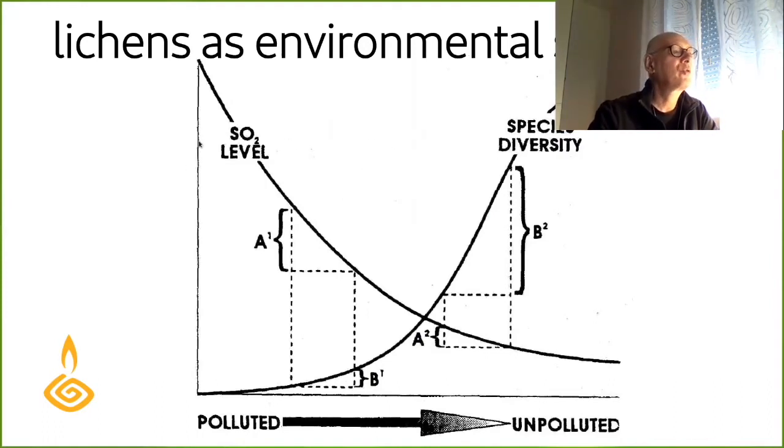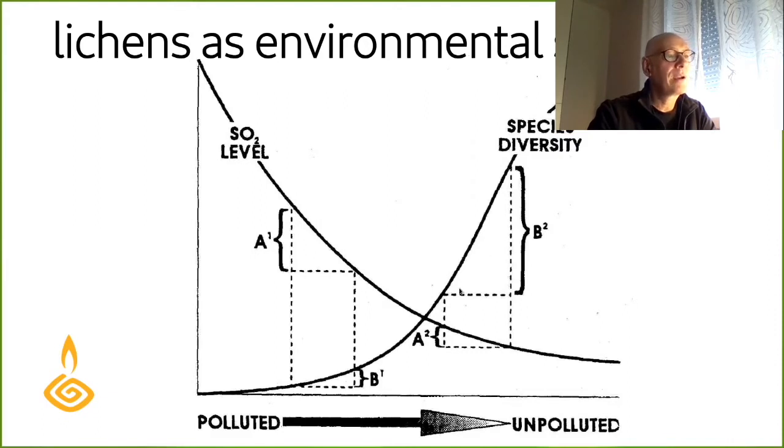First, if you have to check the effects of a reduction of the emission at the source, you can say this: if you reduce the emission of sulfur dioxide in the air from here to here, so you have a great reduction, what you have here in the species diversity is just a very minor increase of species.